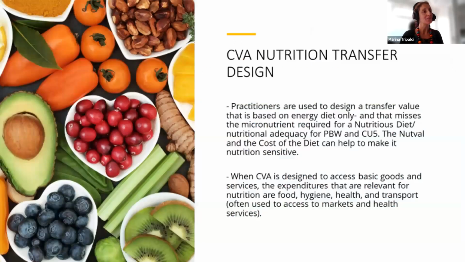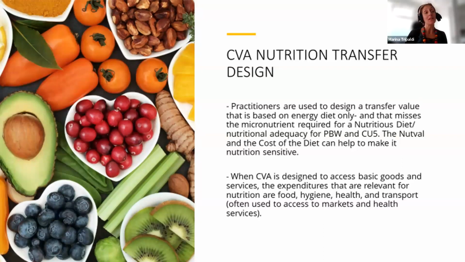Next slide, please. So what are the practitioners doing? Most of the time, the practitioners design this transfer value mainly considering what we call an energy-based diet, a diet that looks at the macronutrients, and very often that is not taking in consideration these micronutrients that are required for pregnant and breastfeeding women, which need more iron, more vitamins, and other specific micronutrients.